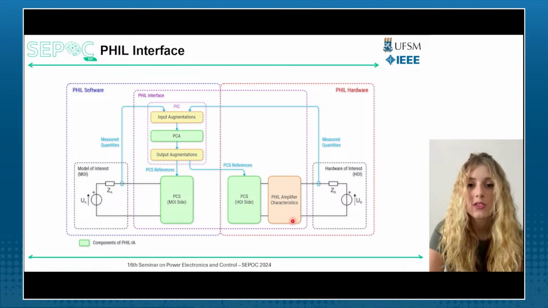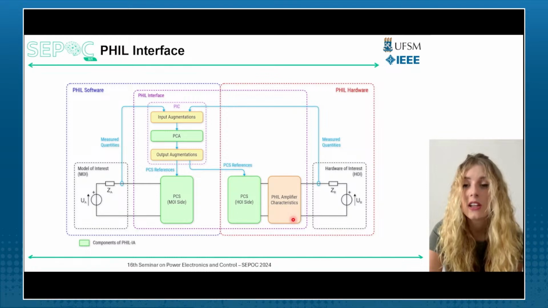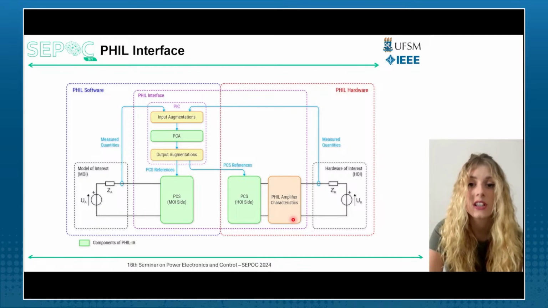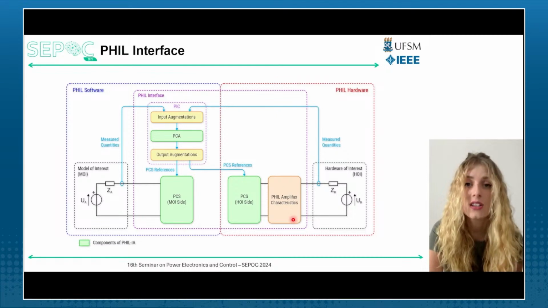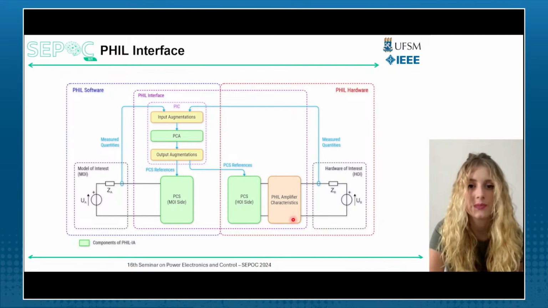We will be focused today on the power amplifier part of the block diagram, as this is the topic of our presentation. The power amplifier plays an important role and has a huge effect on the overall performance of power hardware in the loop simulation. It has certain characteristics, imperfections and limitations, and we should be aware of these limitations, for example, limited bandwidth and limited accuracy.